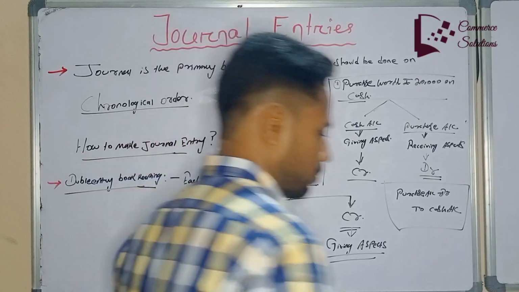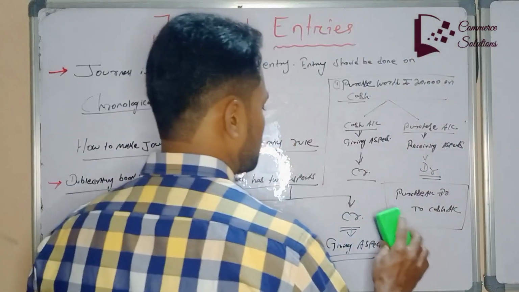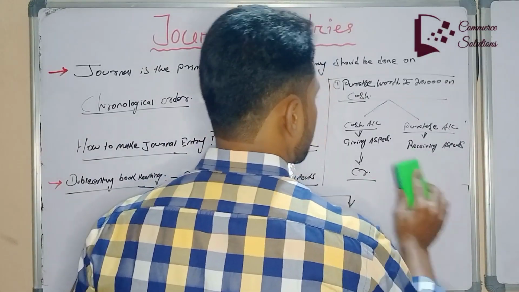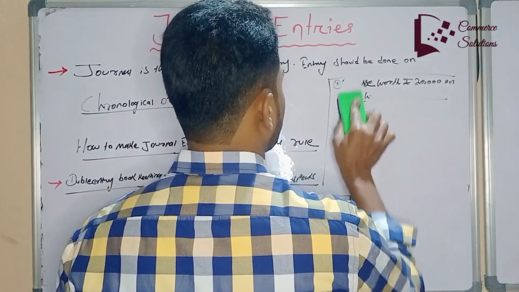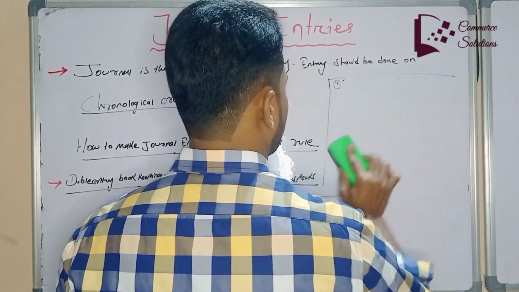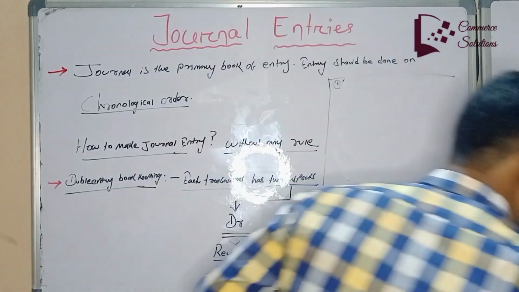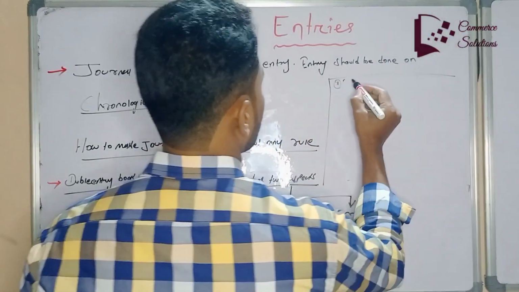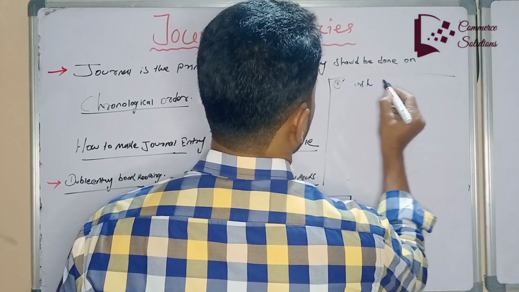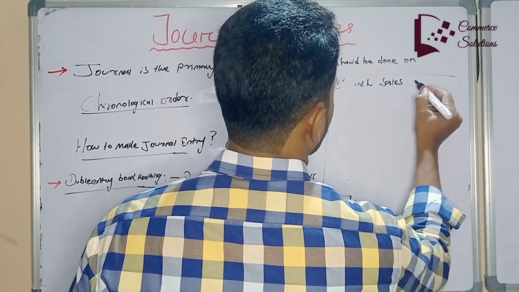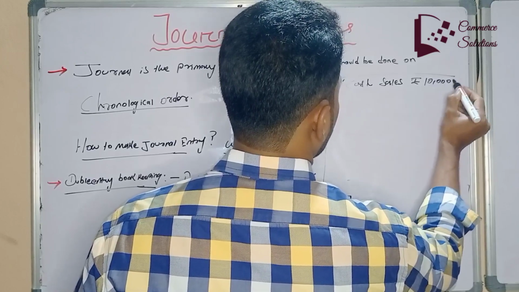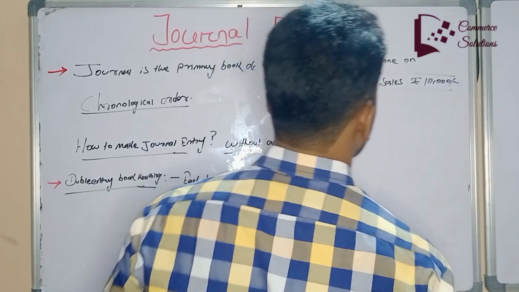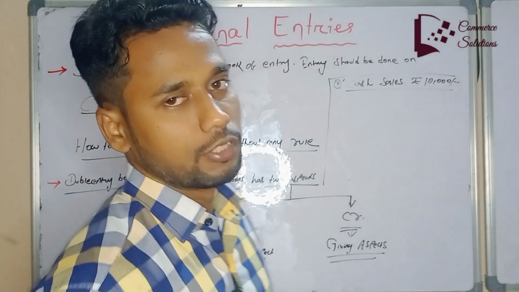So take another example. Cash sales rupees 10,000. Cash sales means we are selling something in exchange of cash.